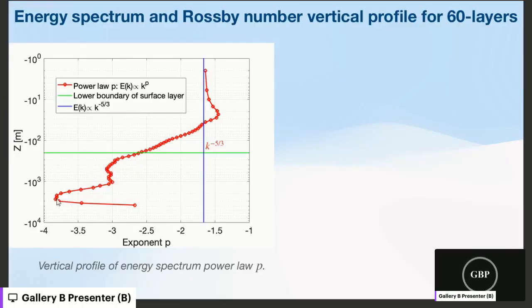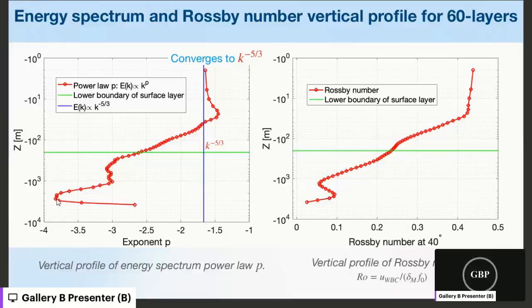What QG should give, I think, is -3.8 or something like that. So it looks like as you go up and down in the water column, you're going from really strong 3D turbulence at the surface to a barotropic type turbulence at mid depths, and then a QG type turbulence. So SQG at the surface, barotropic in the middle, and QG at depth.